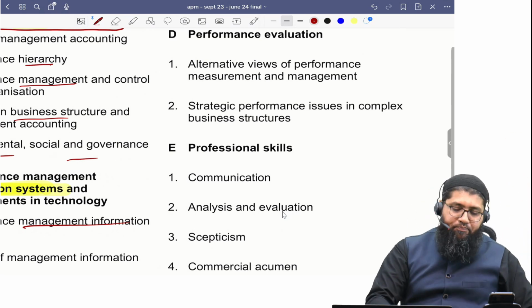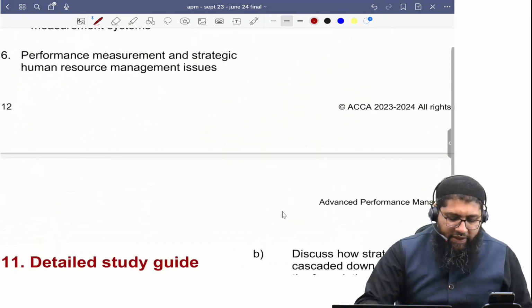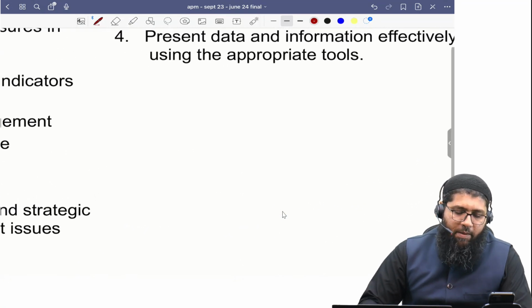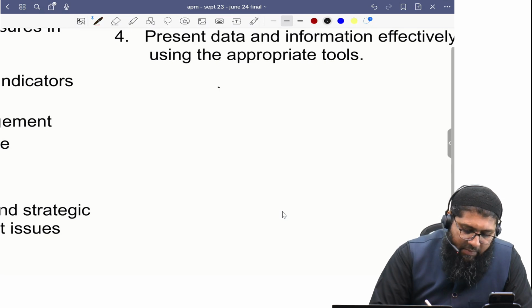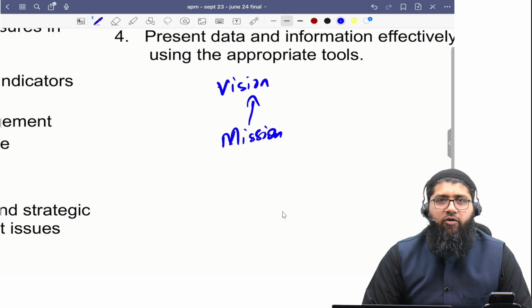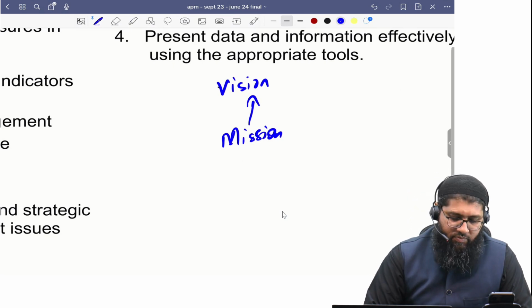So basically, when it comes to the APM examination, let me just guide you. The APM is all about your organization's vision. The APM is all about your organization's mission, right? It's about vision, it's about mission.